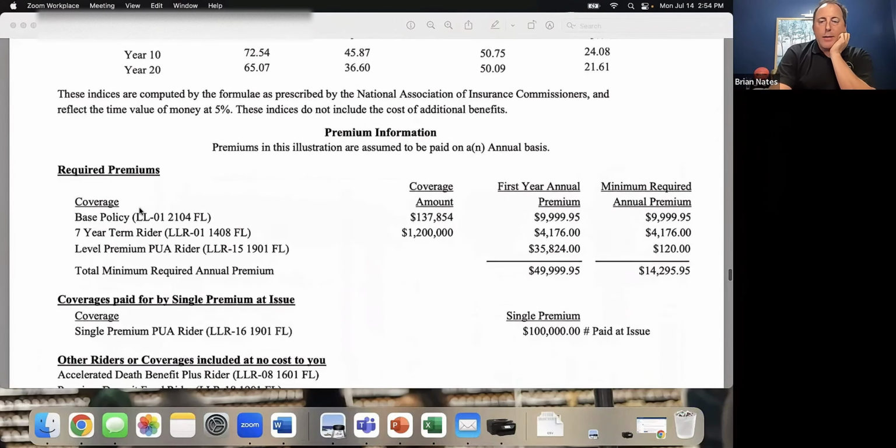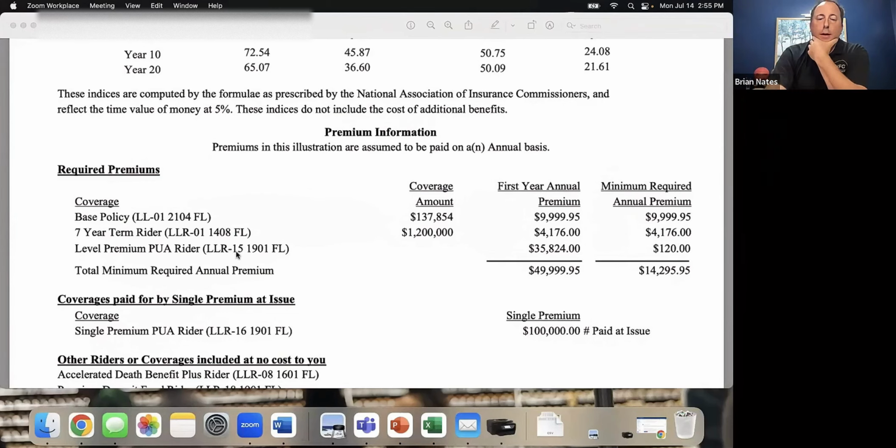So the way I designed this was to minimize the death benefit. However, I designed it with a whole lot of what's known as paid up additions, which I'll explain in a minute. I designed it this way so that you have extreme flexibility, liquidity, and control.